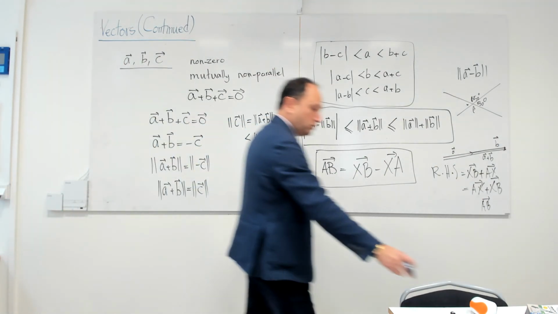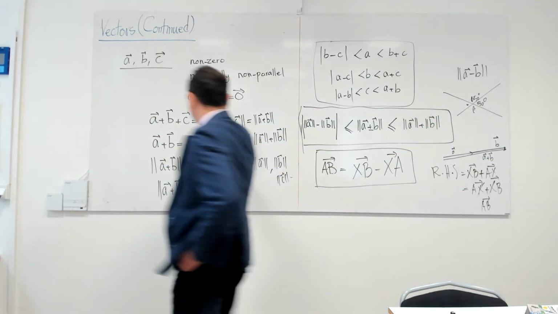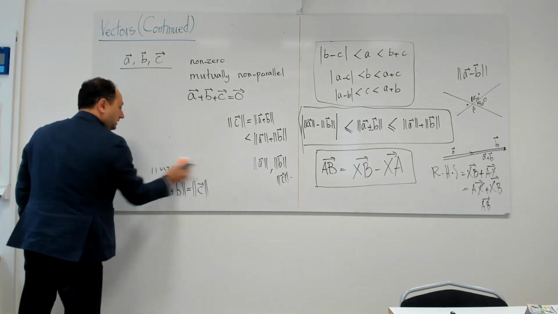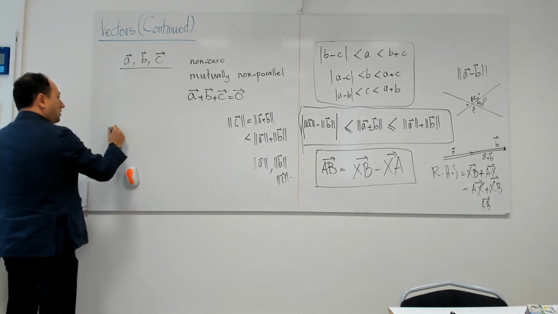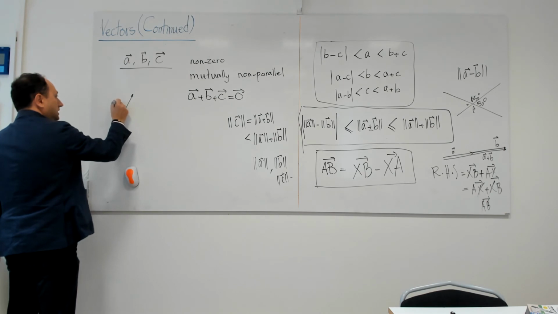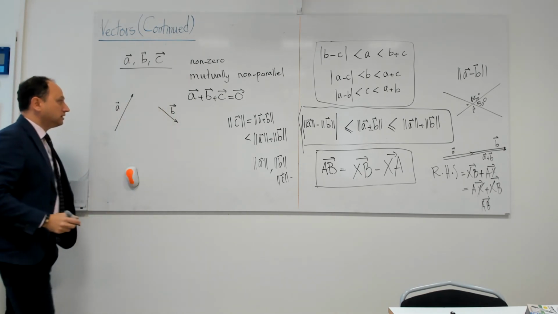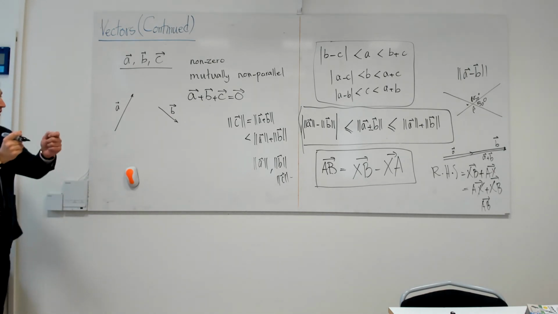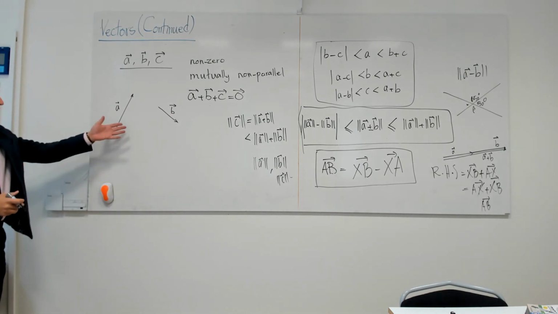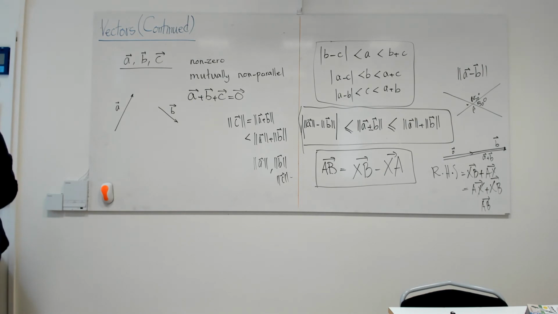So if I ask you what is the angle between two vectors, so if I draw a vector here, A, and another vector here, B, and I give you a protractor and a ruler and ask you to find the angle between these two vectors. By definition, you have to start them from the same point.